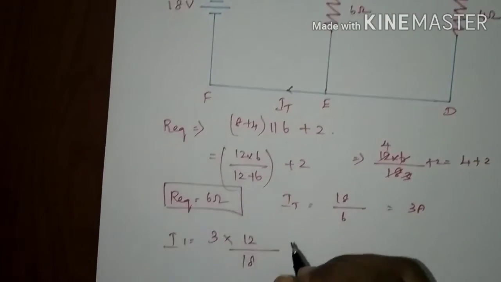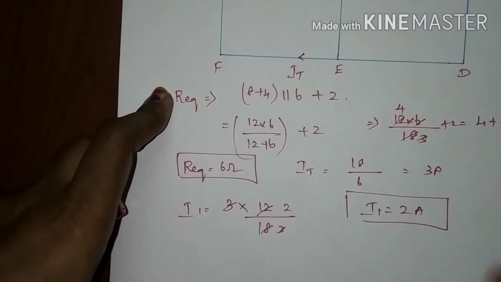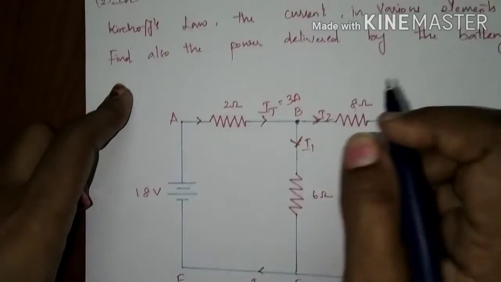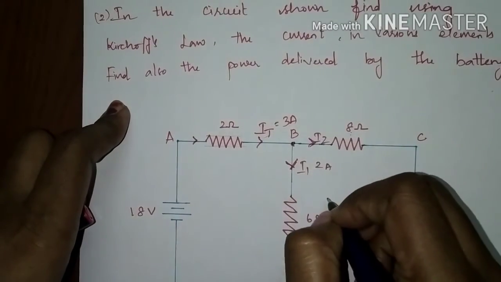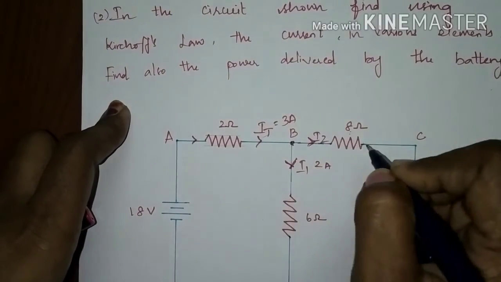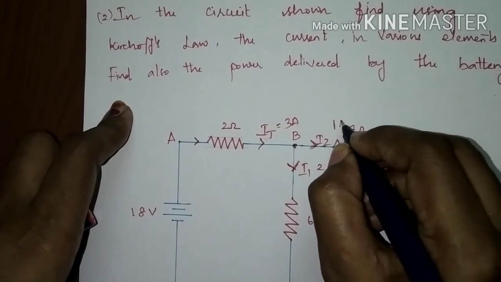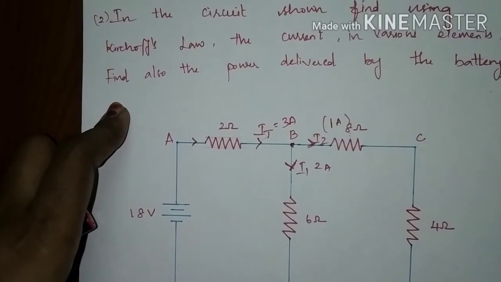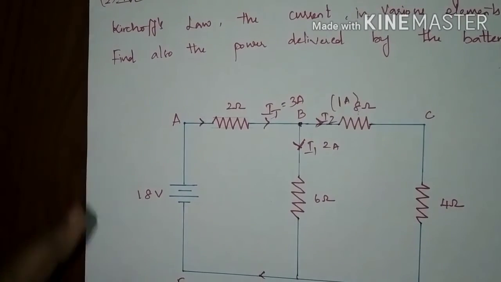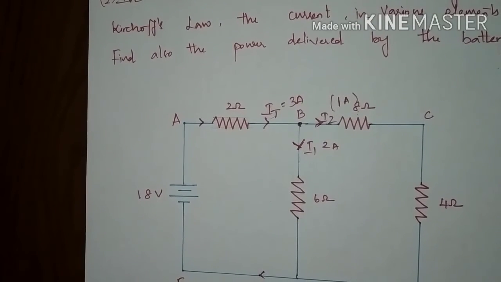You'll get the value of I1 as 2 ampere. If 2 ampere current is leaving here, the remaining current will leave in this branch. So 1 ampere current will be the I2 current.